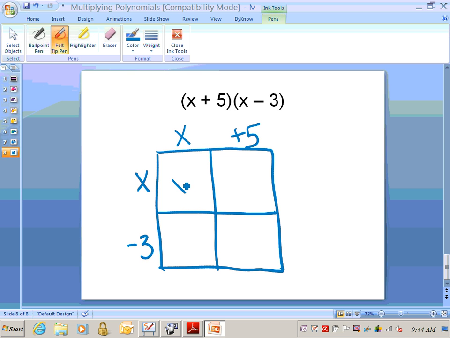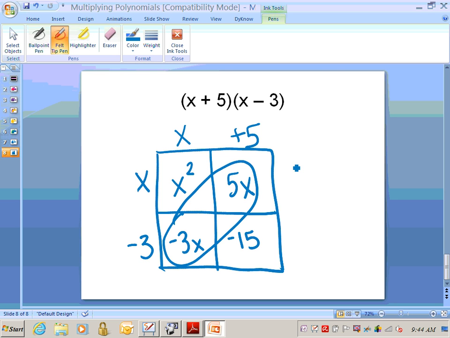X squared. Good. This one? Plus 5x. Okay. Negative 3. And then, minus 4. Which ones can I combine? 5x plus 5x. So my final answer? X squared, plus 2x, very good. You guys got the hang of it? Okay, good.